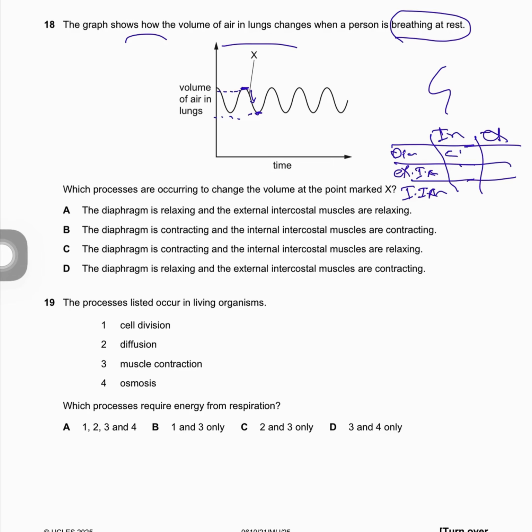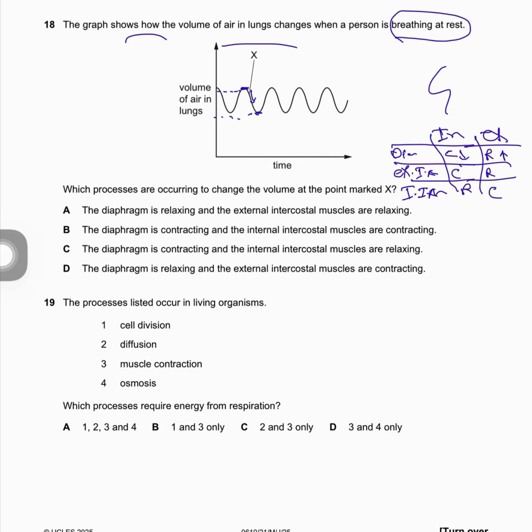It contracts, moves down, while the external intercostal muscles also contract, while the internal intercostal muscles relax. For exhalation, the diaphragm relaxes, goes up, the external intercostal muscles relax, and the internal intercostal muscles contract. Very important to know.